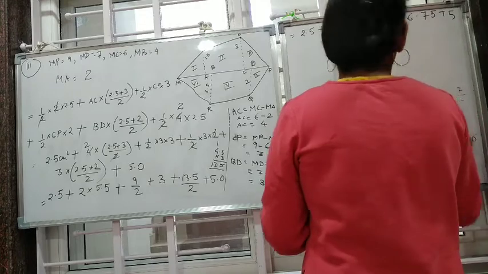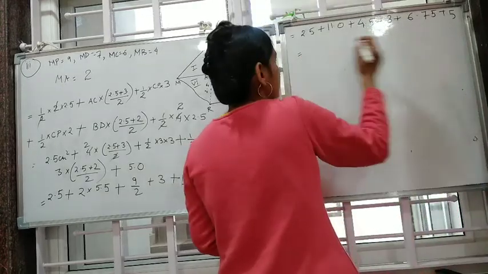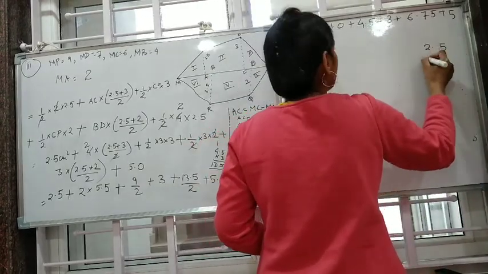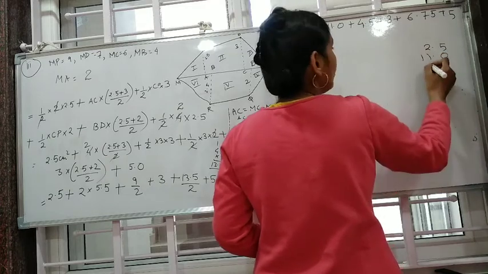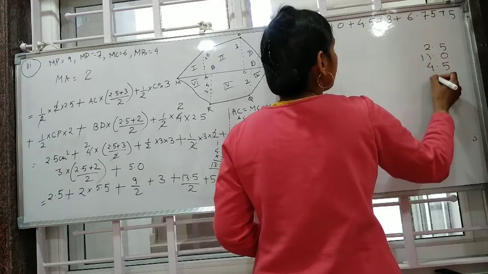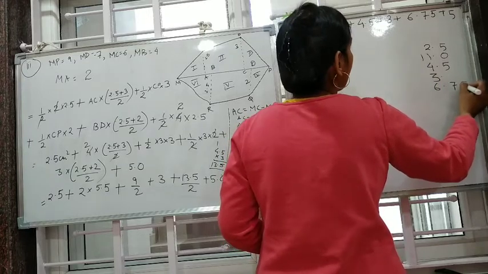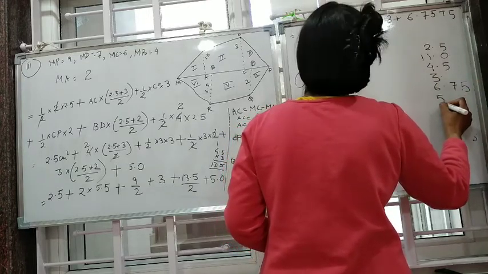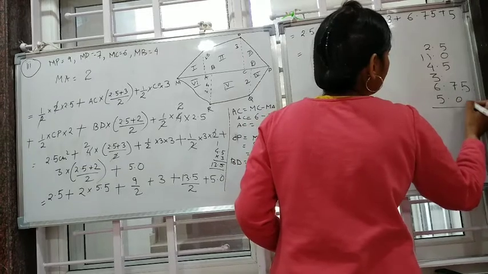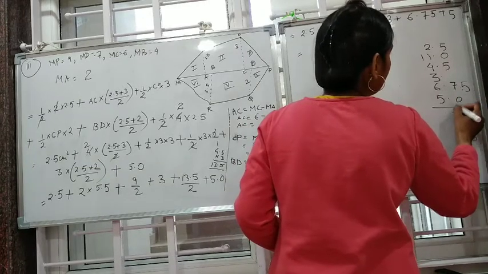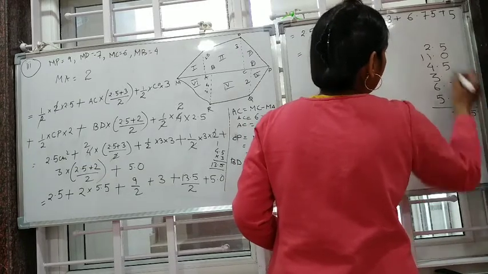Correct. Now, we add all these areas: 2.5, 11.0, 4.5, 3, 6.75 and 5.